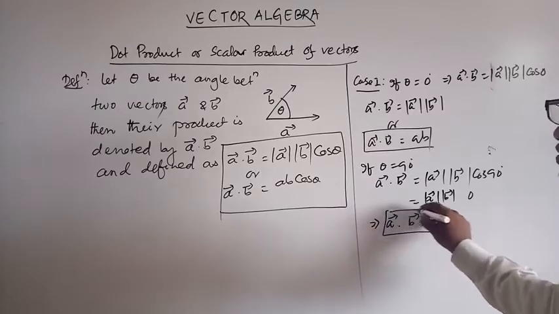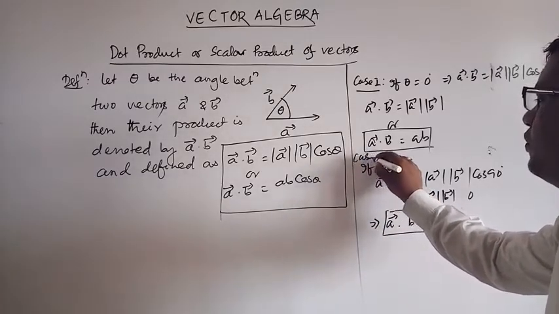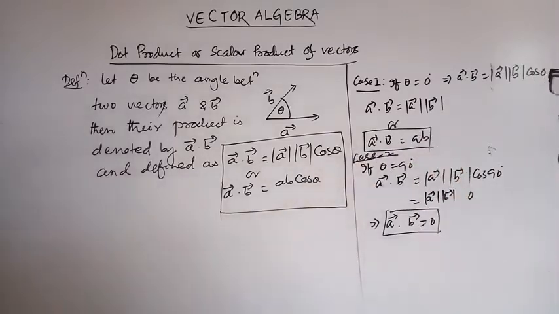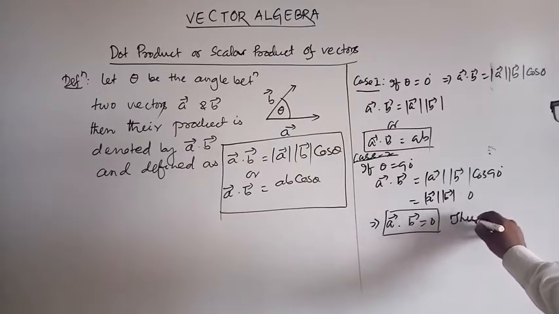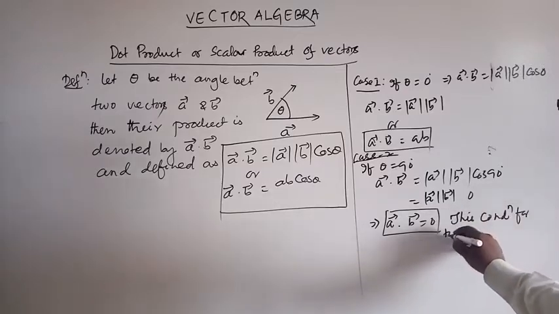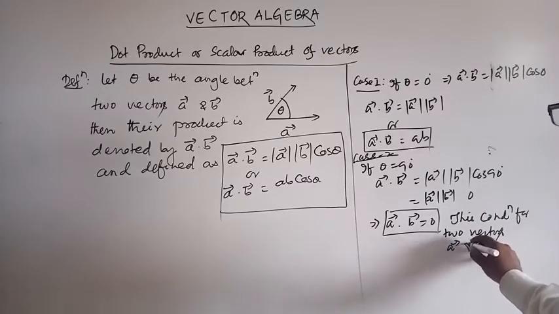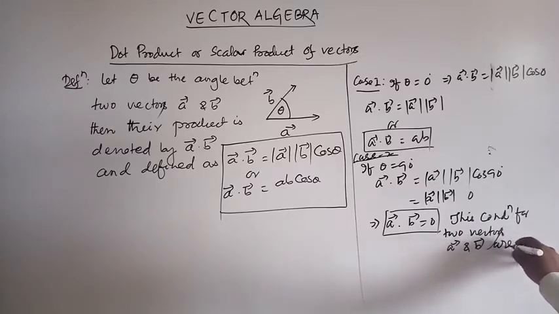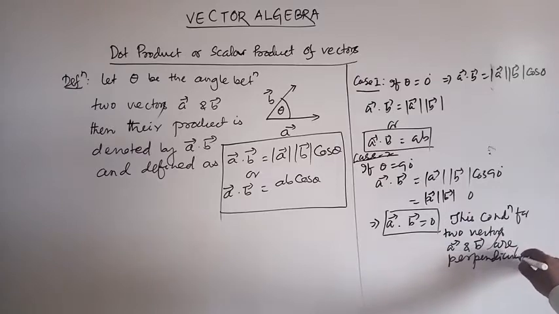Then the two vectors are perpendicular. This is the condition for two vectors A and B to be perpendicular. Clear?